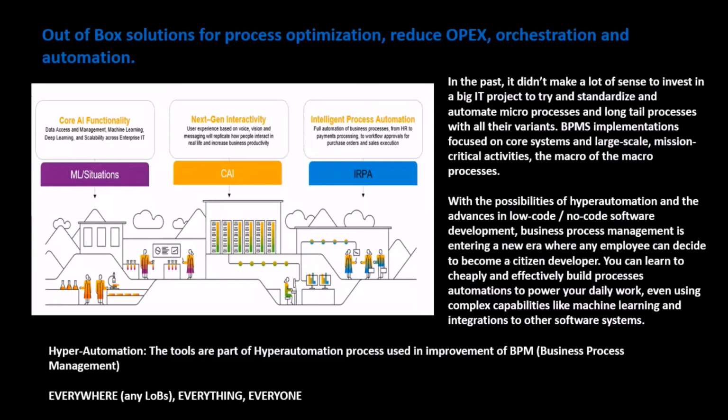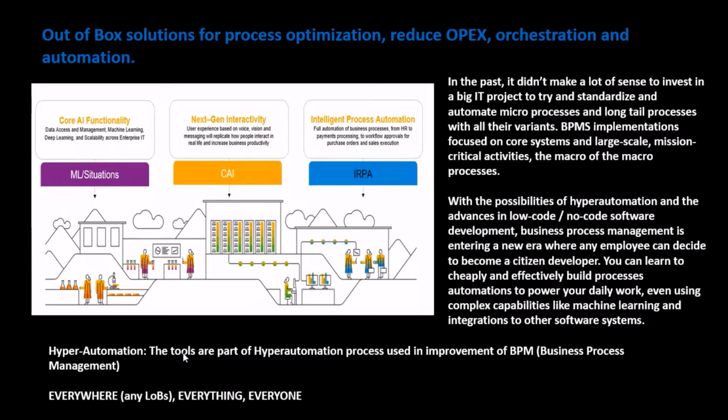Many companies now, with the possibility of hyper automation and advances in low-code and no-code software development, see business process management entering a new era where any employee can decide to become a citizen developer. See over here, you can learn to cheaply and effectively build process automation to power your daily work, even using complex capabilities like machine learning and integrations to other software systems.